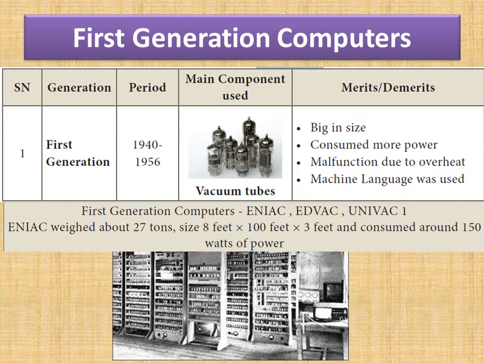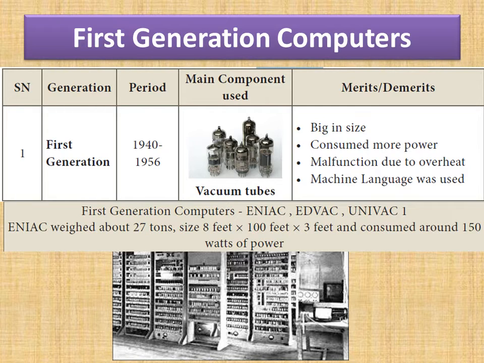And children, ENIAC weighed about 27 tons. Size was 8 feet by 100 feet by 3 feet and consumed about 150 watts of power. So that was our first computer. First computer generation was 1940 to 1956. The component used was vacuum tubes.